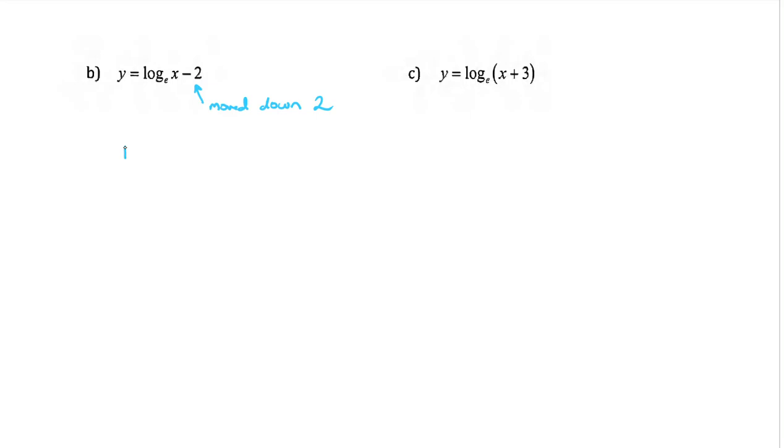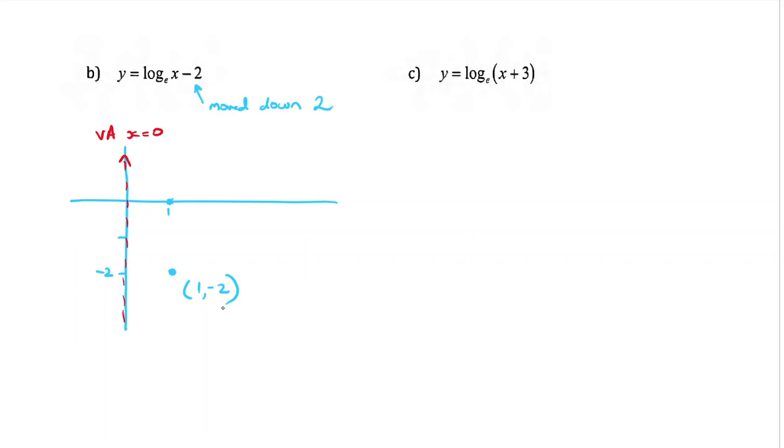My asymptote has not moved, it's still vertical asymptote at x equals 0. Normally, my intercept would be at 1, but I've got to move that down 2. So it's going to be the point (1, negative 2).